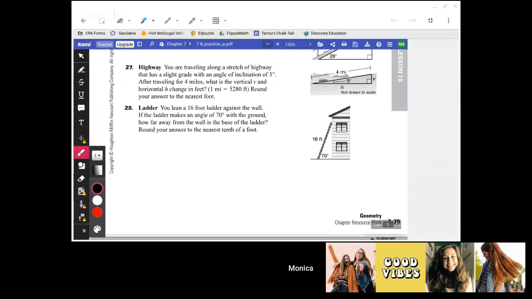Okay, Isabel, so for number 28, you lean a 16-foot ladder against the wall. If the ladder makes an angle of 70 degrees with the ground, how far away from the wall is the base of the ladder? And round your answer to the nearest tenth of a foot. So for that one, you're solving for this distance right here, right?